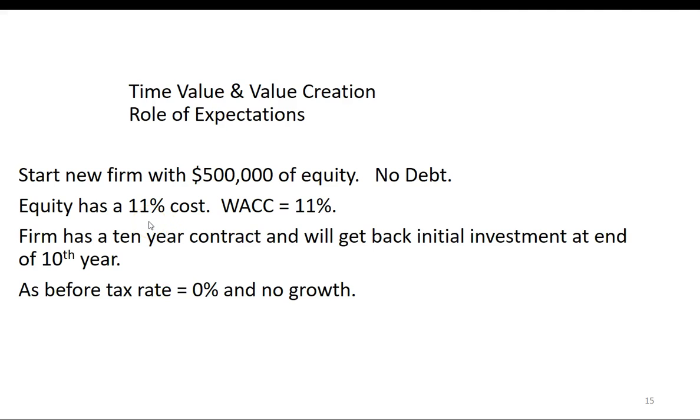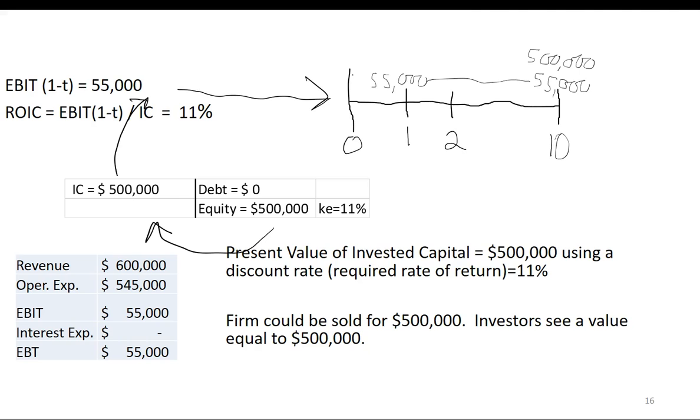The cost of equity is 11%, and since there's no debt, the cost of capital is also 11%. And this firm has a 10-year contract that will get back its initial investment at the end of the 10th year. And again, no taxes and no growth at this point.